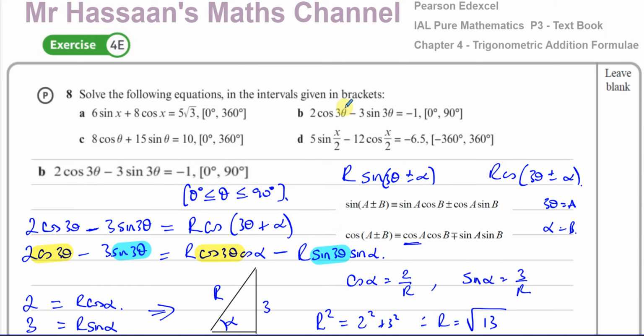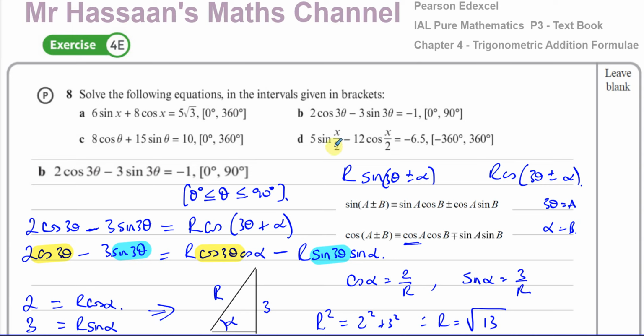Right, that's for B. Now C follows a very similar pattern, in that you have sine and minus cosine. So the A is what I want to have as sine, and the A is what I have to have as x over 2.